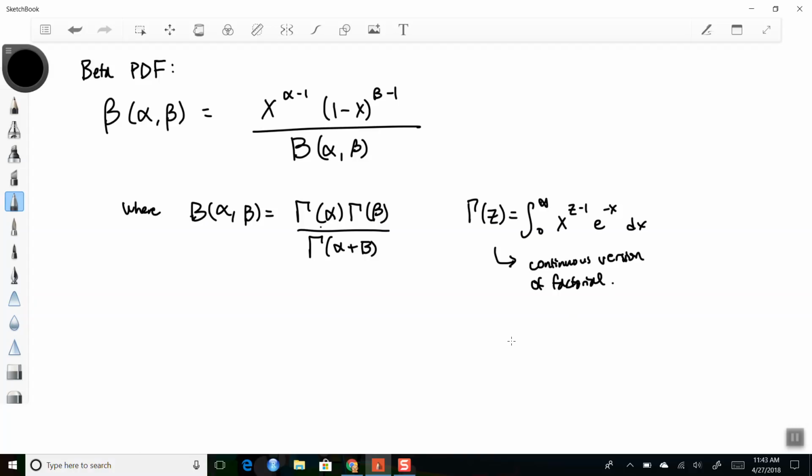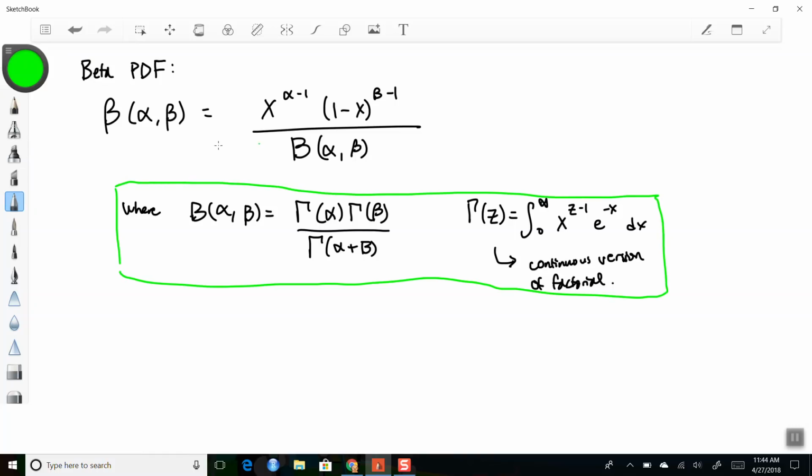And then this whole thing is you're just multiplying these factorials together. But really, this entire bottom part, don't worry about it, okay? Do not worry about the denominator.